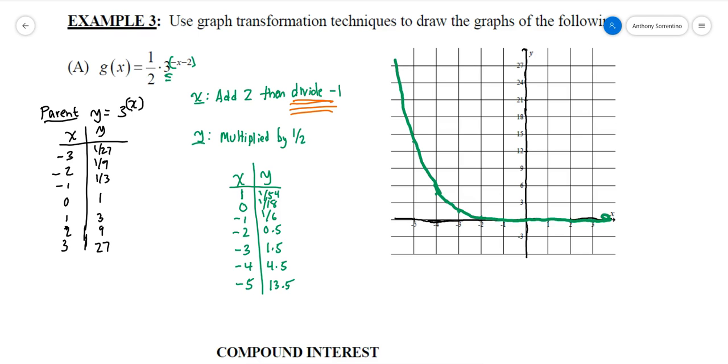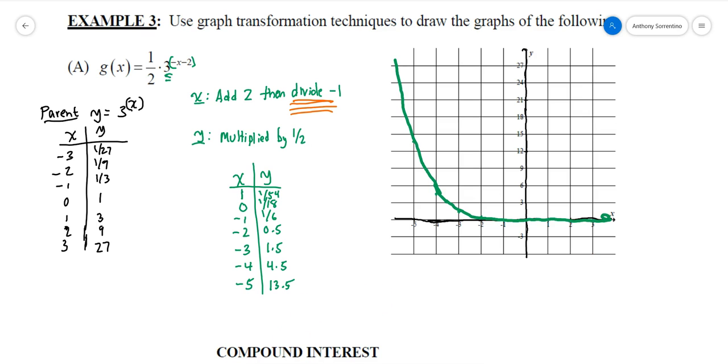When that kind of thing happens, and I have that reflection across the y-axis, it may look like it's set up as a growth, but as soon as I see that I have a negative exponent or a negative x on that thing, it's like me having the 1/3 raised to a power instead of a 3 raised to a power. So it's going to behave like a decay. So keep in mind that when we obey those rules, it says, a to the x, we're assuming that x does not have a negative exponent on it at that time. If it does, then those rules kind of get reversed about whether it's a growth or decay.